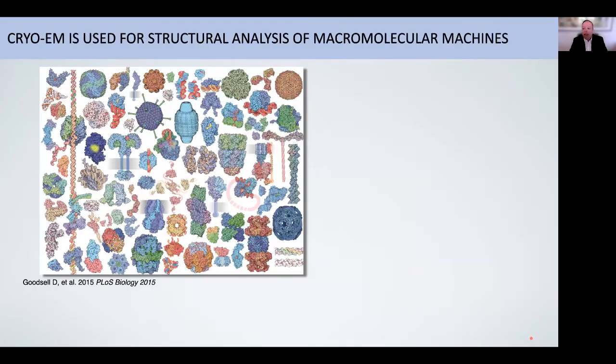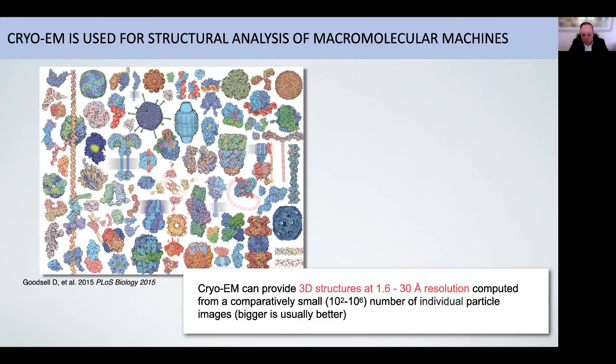So I would like to start by telling you what CryoEM is used for. CryoEM has become in the last 2 years the technique of choice for structural analysis of large macromolecular complexes. And it has been used to analyze all kinds of macromolecules in a wide range of sizes, and all of these complexes perform a number of essential functions in the cell.